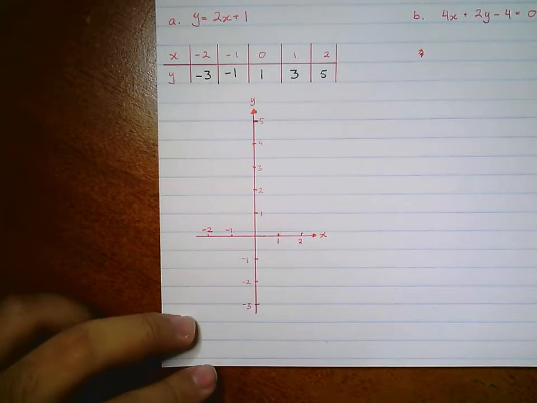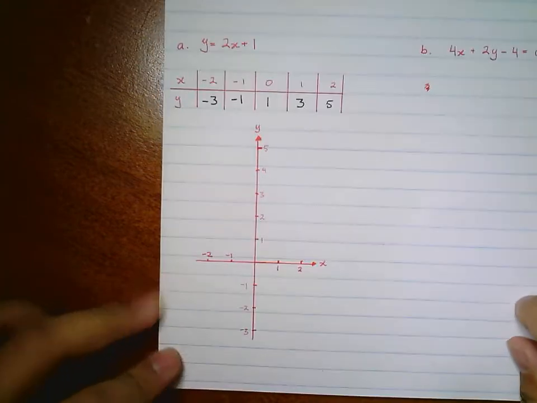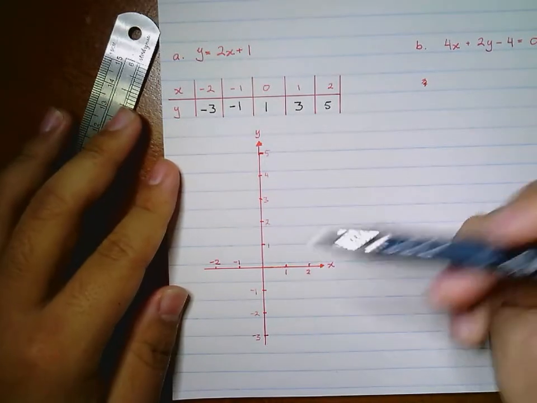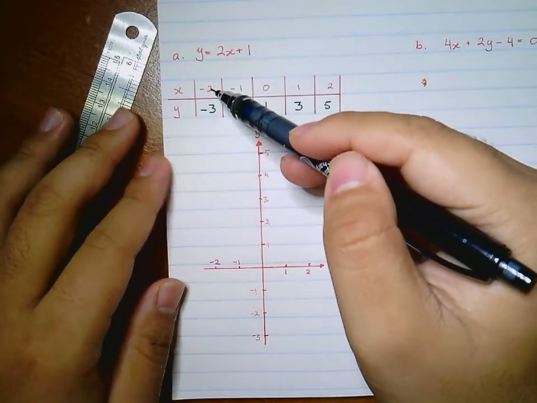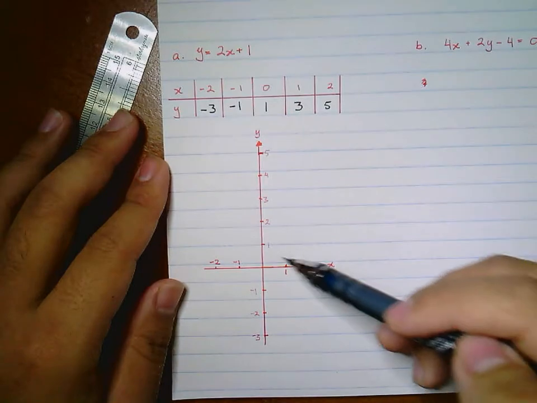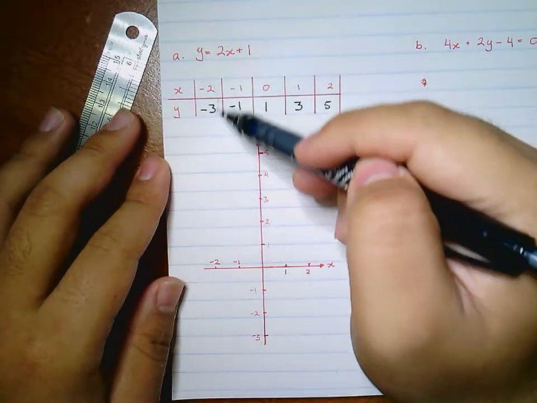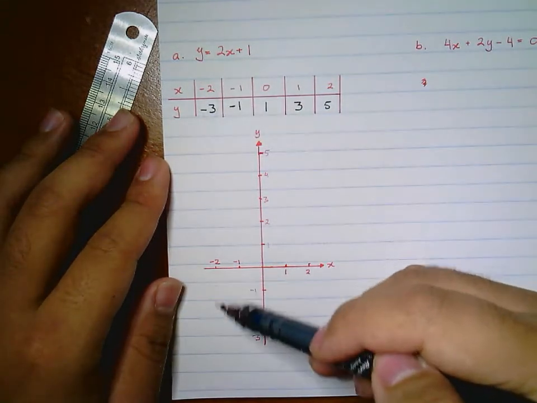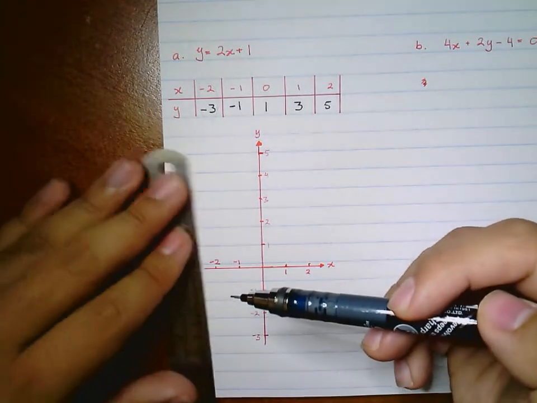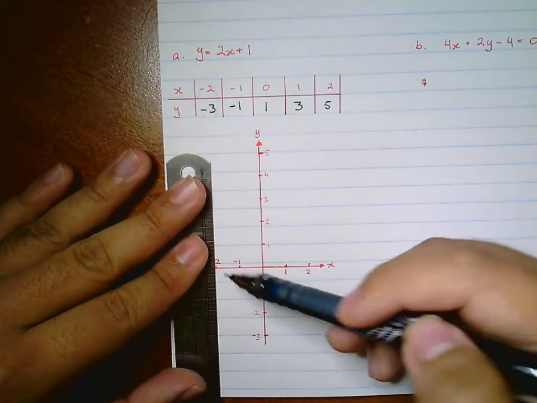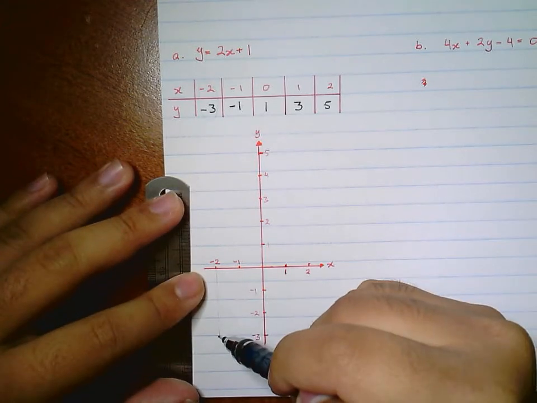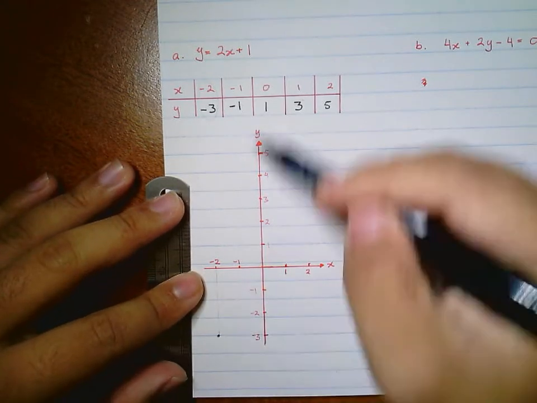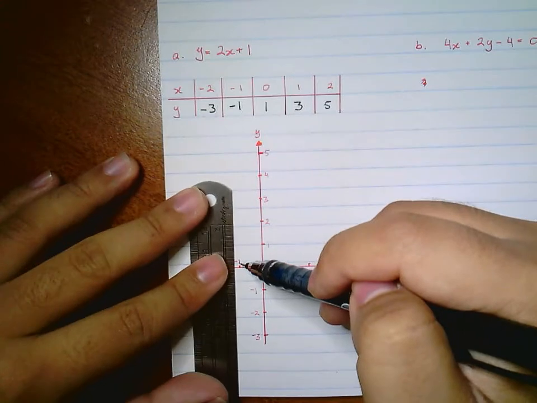And always when you're graphing your points, you should use a pencil. So here we go. Negative 2, negative 3. That's our first point as a pair. Being as accurate as we can. Negative 1, negative 1.